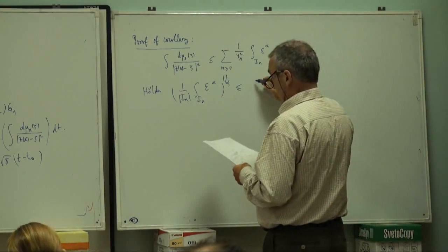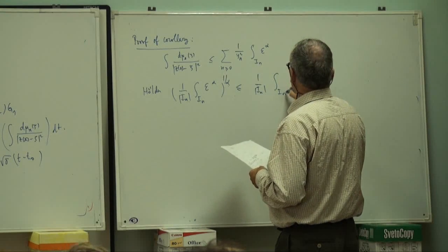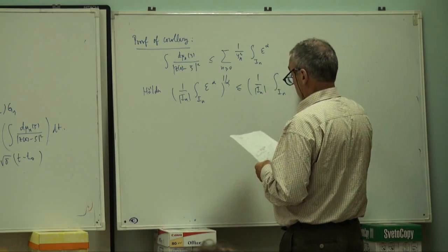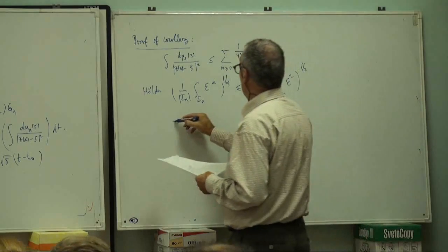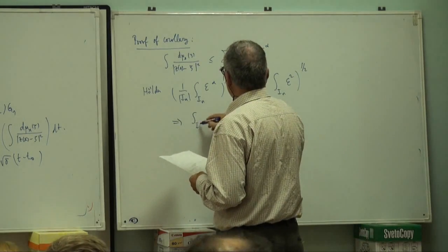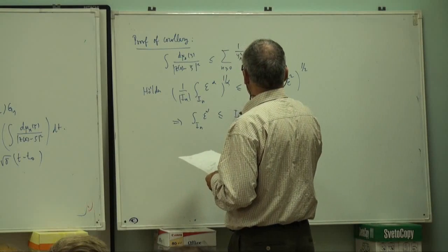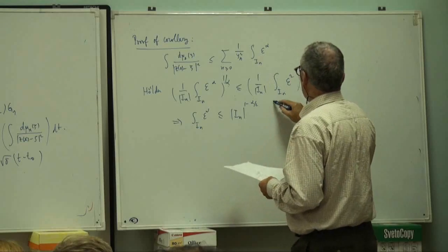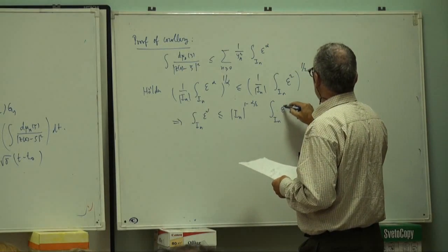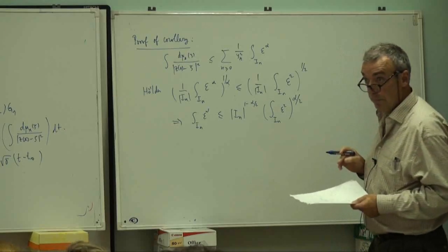So this is less than 1 over In, integral over In of epsilon squared to the power 1/2. Okay, so the integral over In of epsilon to the alpha is less than In to the power 1 minus alpha over 2, integral over In of epsilon squared to the power alpha over 2.